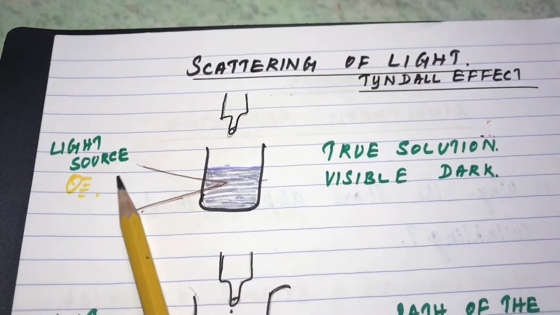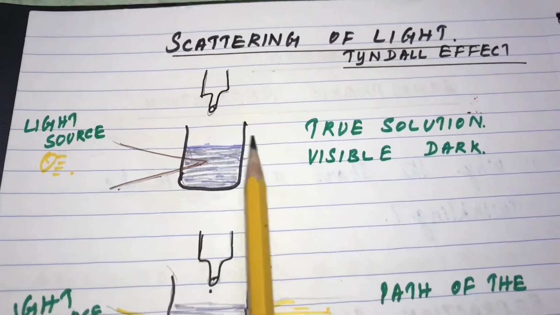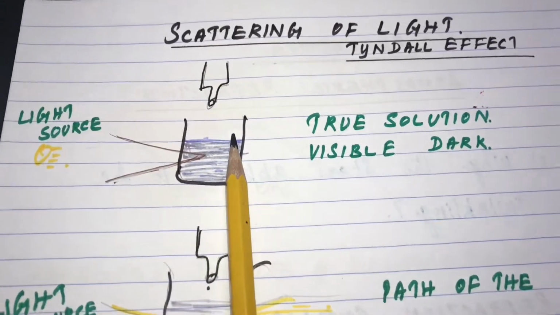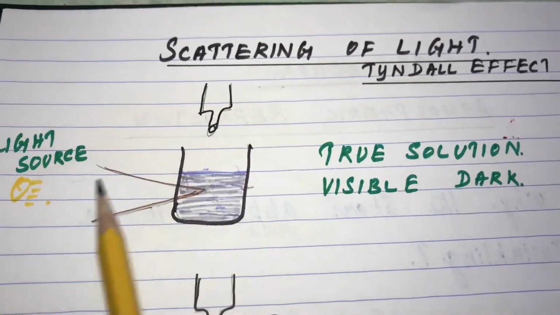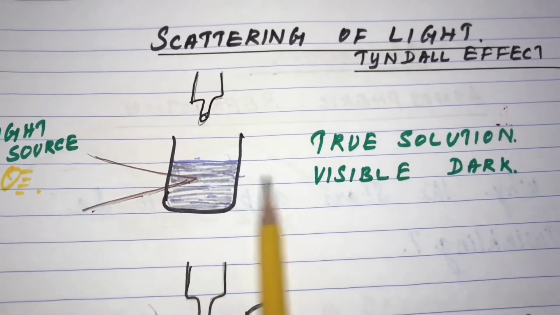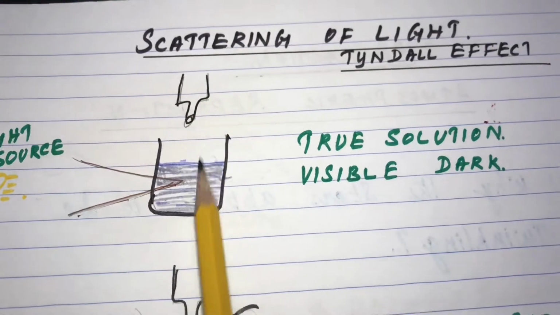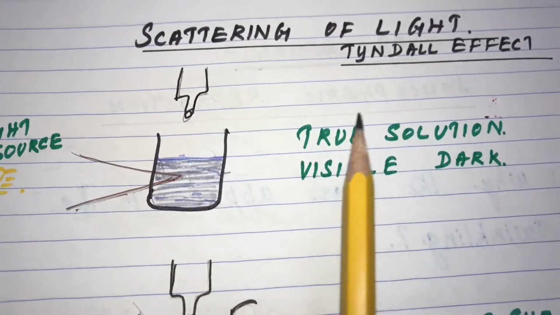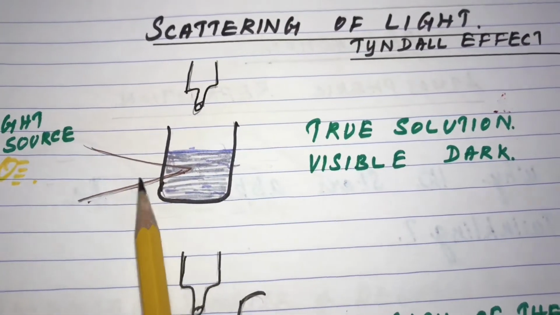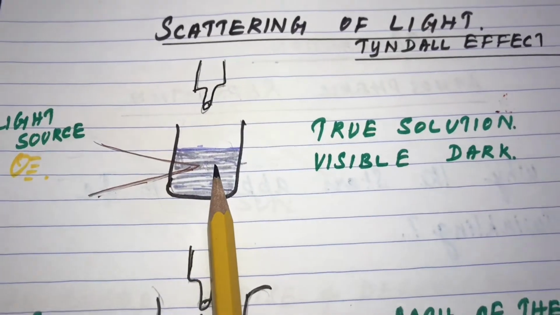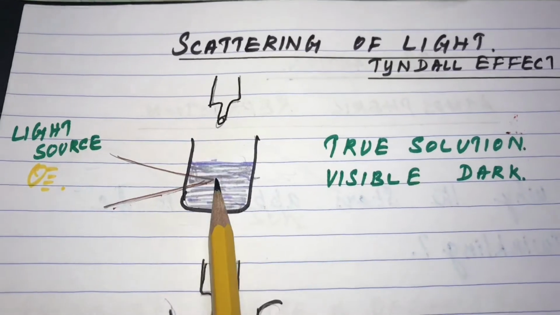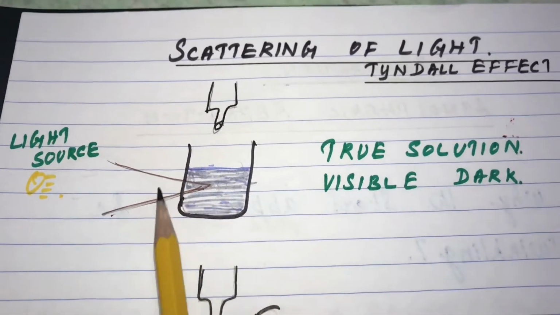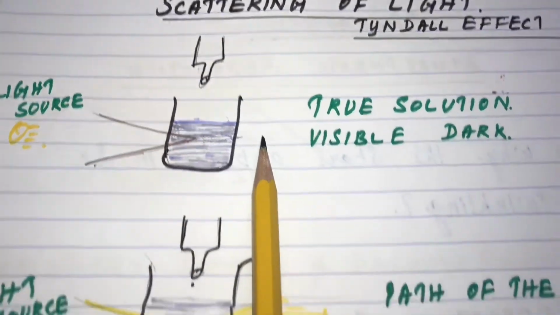From the light source we pass light through the true solution and observe it perpendicular to the path of the light. For the true solution, the path looks very dark, meaning the true solution does not scatter light.